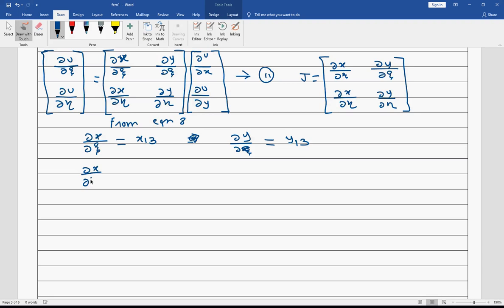Similarly delta x by delta eta. So one by one find out delta y by delta eta. Okay, first I got x23. Somebody has to confirm.